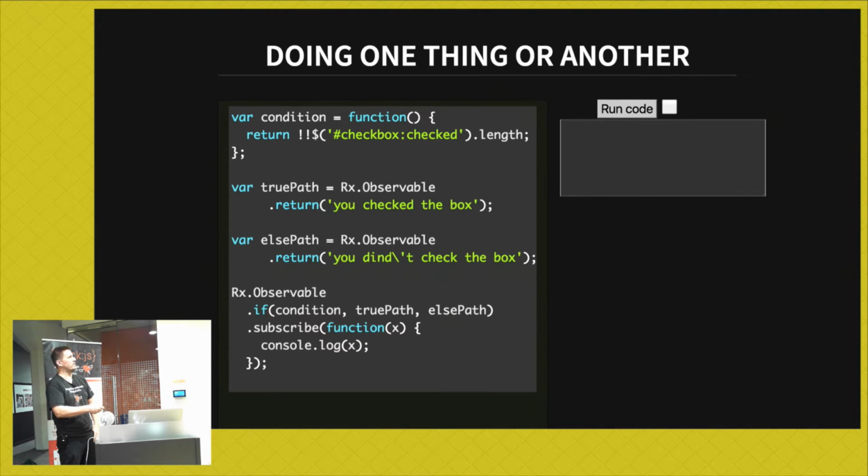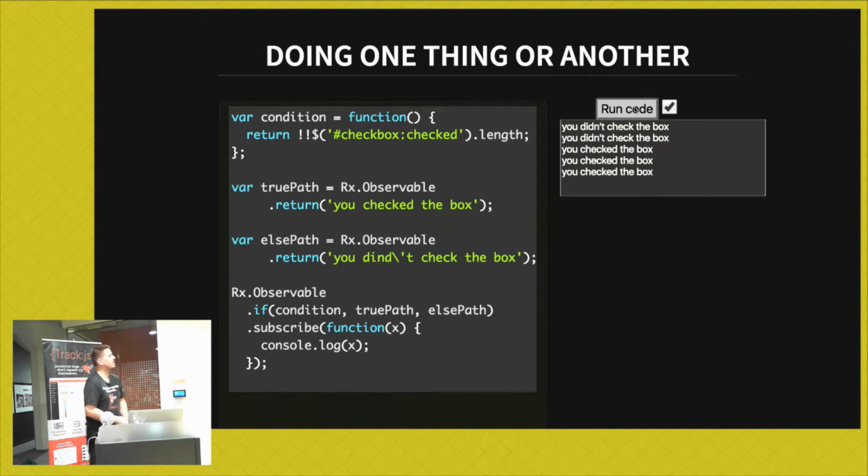So the true path here is you checked the box, the else path, you didn't check the box. In my condition, and forgive me, this is an impure function, my condition basically says, is this checkbox checked? Didn't check the box, you did check the box, and that works pretty well.